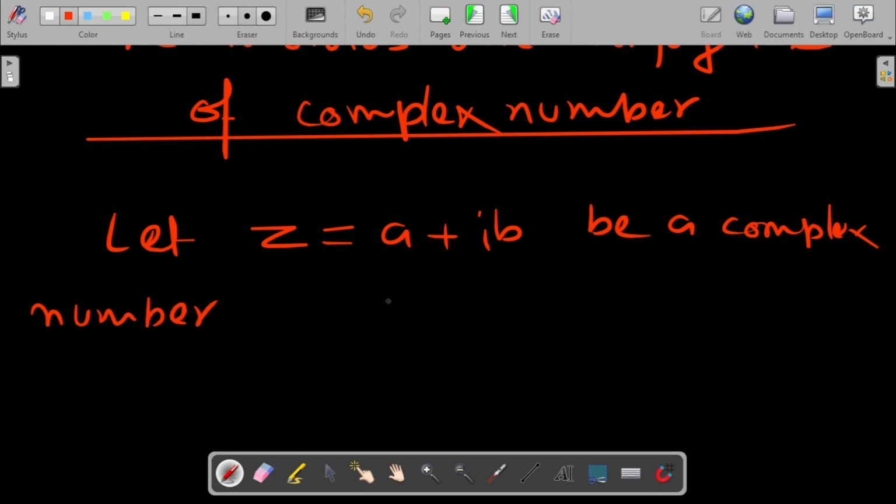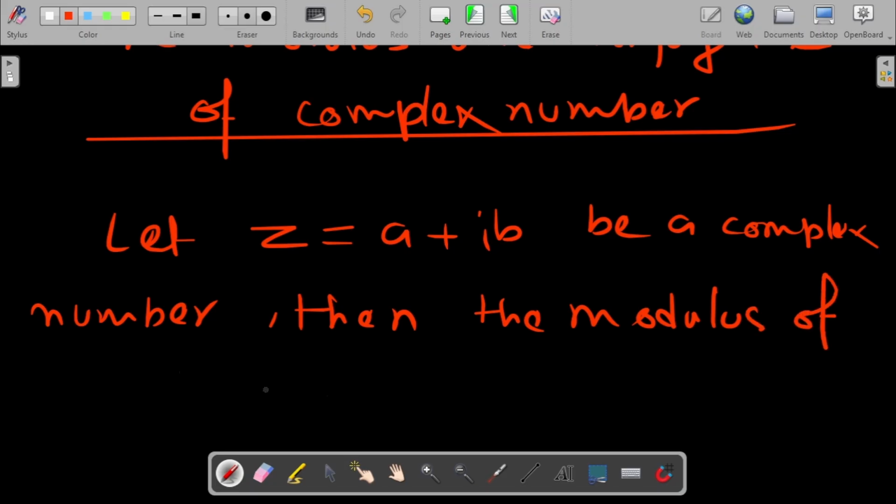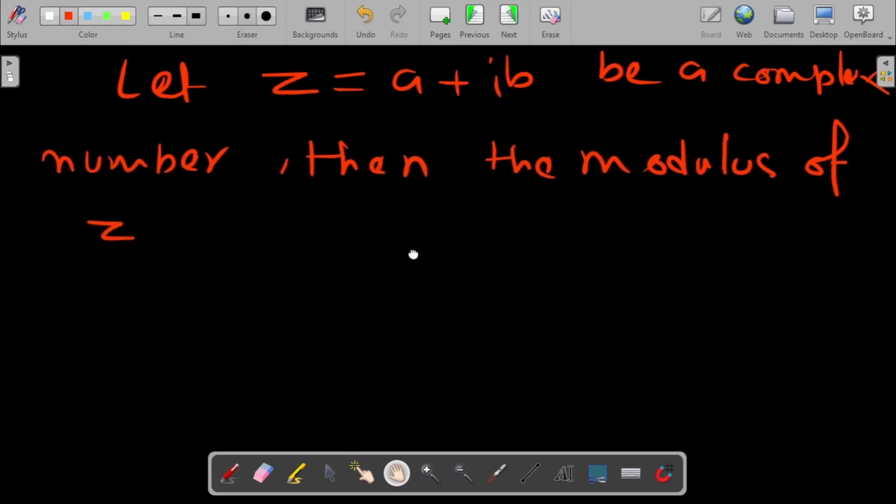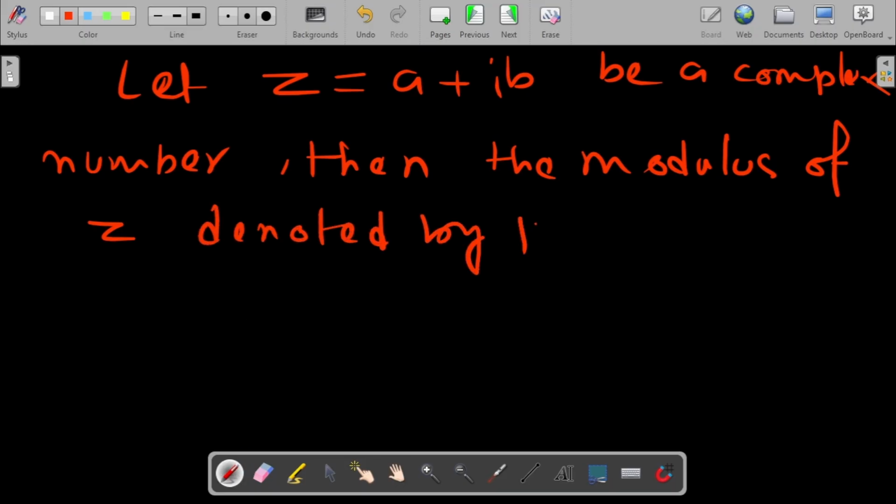Then the modulus of z, denoted by mod z, is defined to be the non-negative real number.